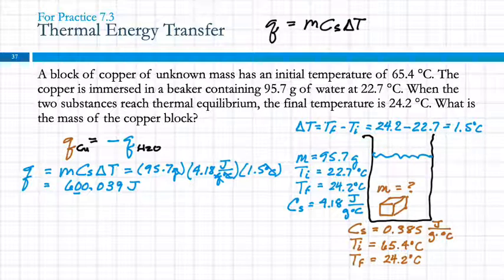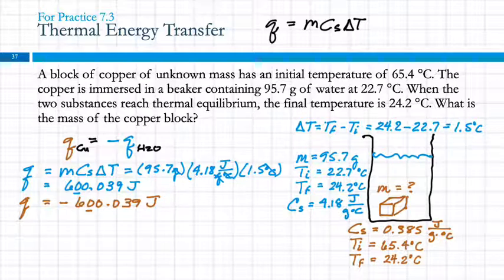Q for the water is positive because the energy went into the water, right? So this says that the Q for the copper is equal to -1 times the Q for the water. So Q for the copper equals -600.039 joules.